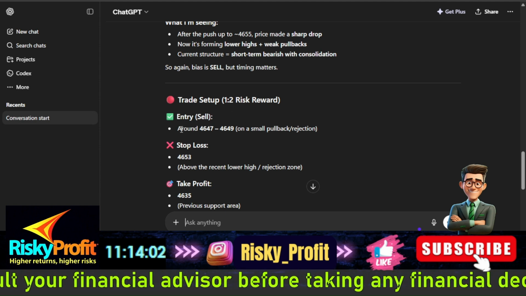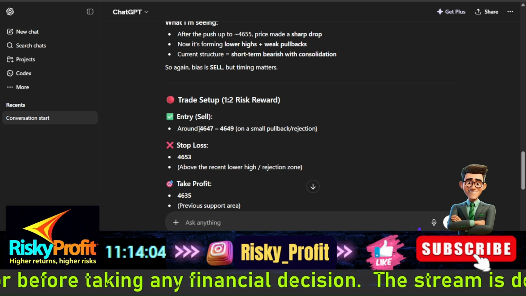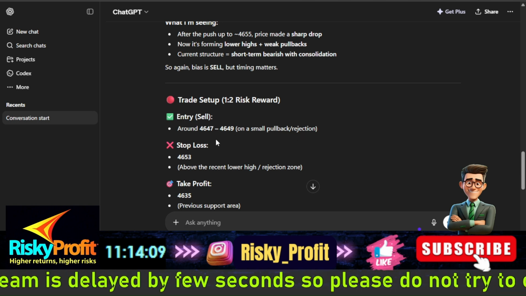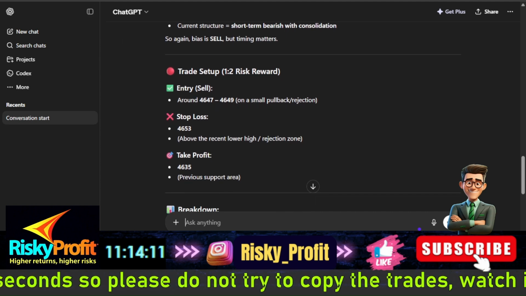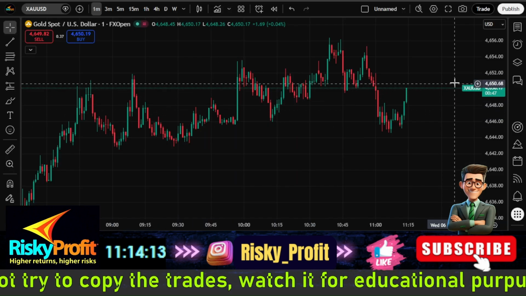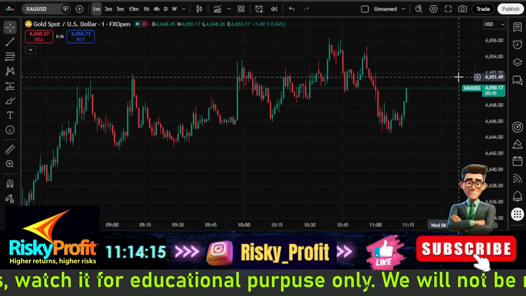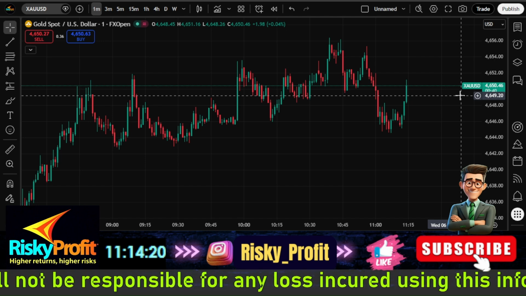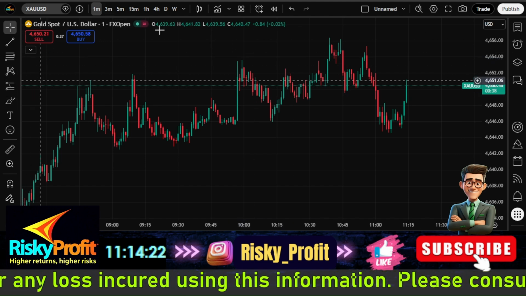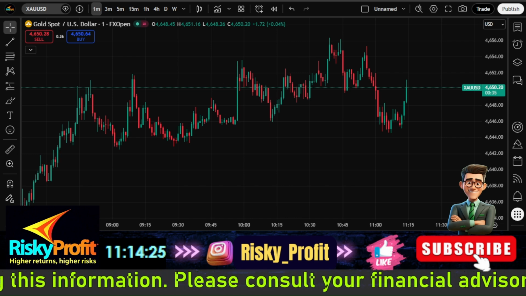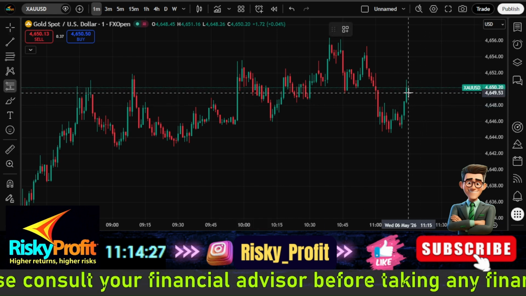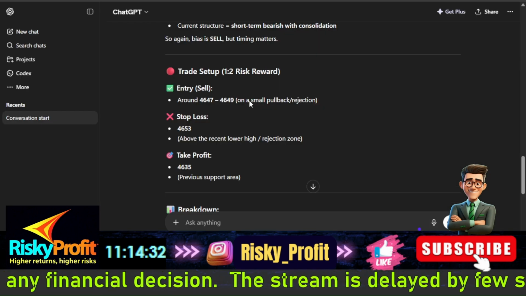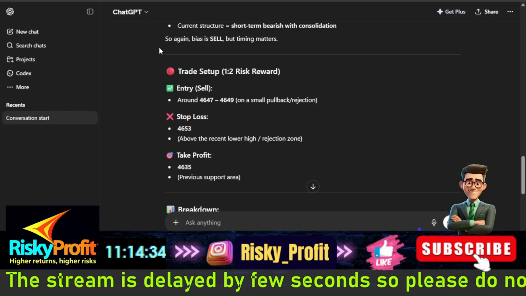Trade setup 1 is to 2 risk reward, entry sell around 4647 to 4649 on a small pullback rejection. Stop loss 4653. So it has already kind of triggered the sell here, because it says between 4647 to 4649.